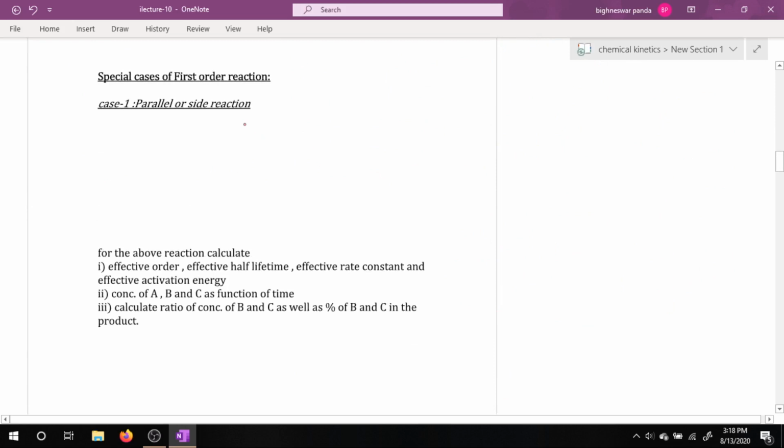Now we are going to deal with some special cases of first order reactions. Case 1: parallel or side reaction. We have already discussed this in organic chemistry.